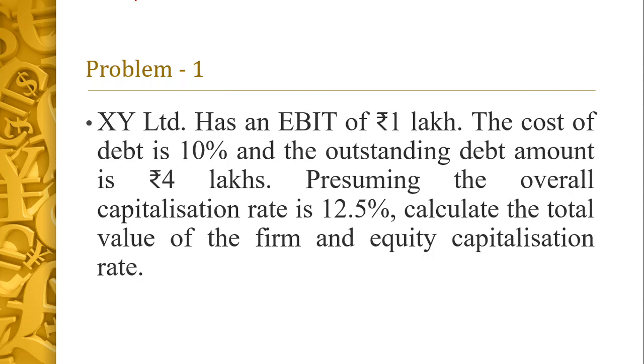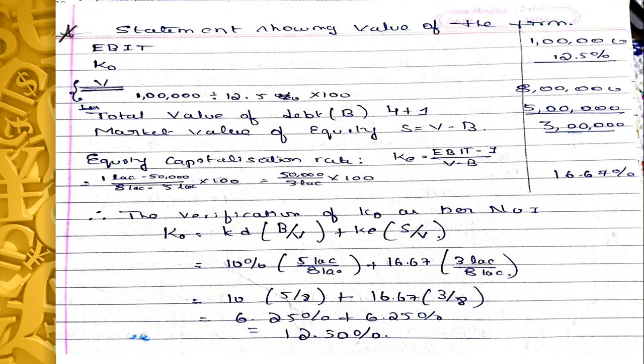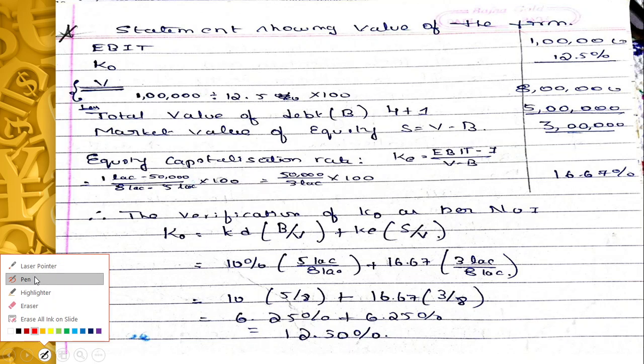So did you start? You can write anything, statement showing, table showing. Okay. Now EBIT, have they given? Yes, and it stands at 1 lakh. Should I do it on the board?